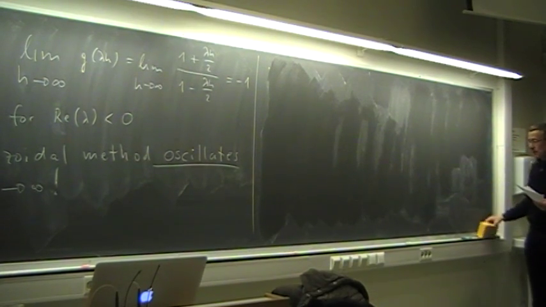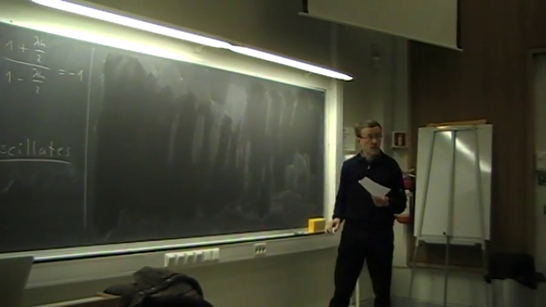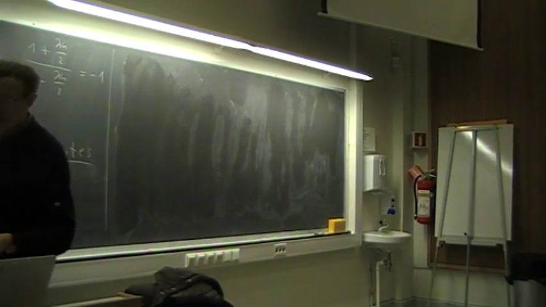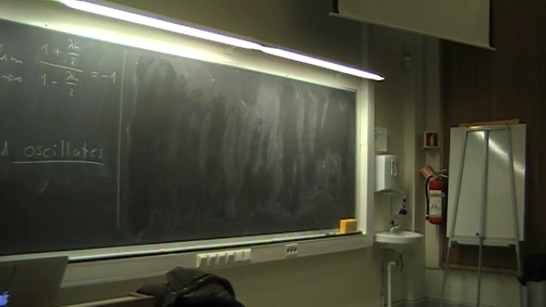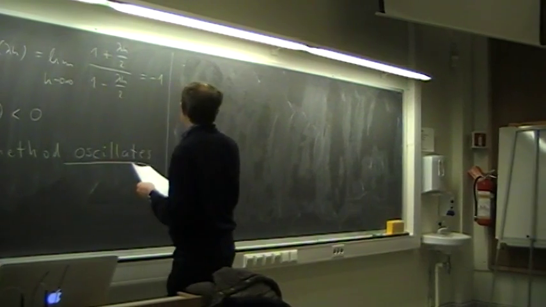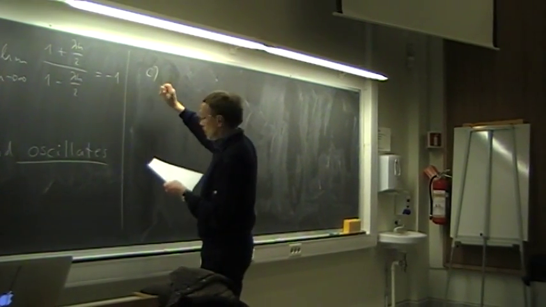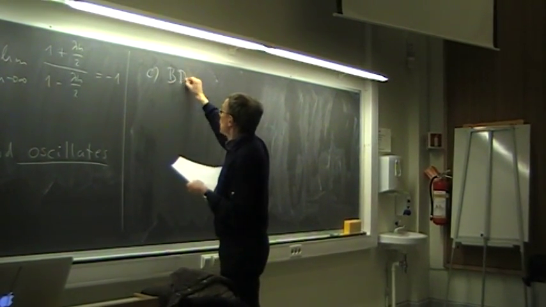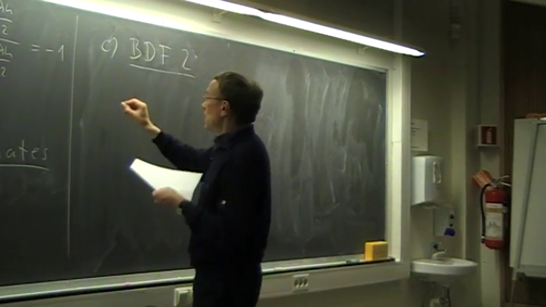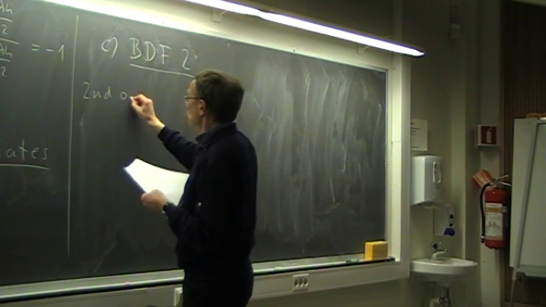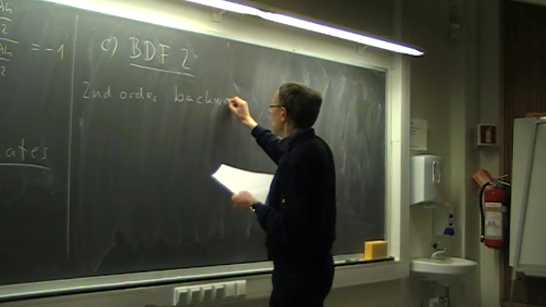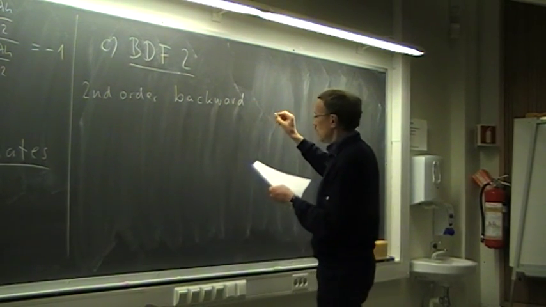It is also part of one of MATLAB's inbuilt functions that is called BDF. That's an acronym. Let's see that now. So the method, first I write the acronym because it's best known for that. The BDF2 that we are going to study, and that is the second order. That is the acronym backward differentiation formula.